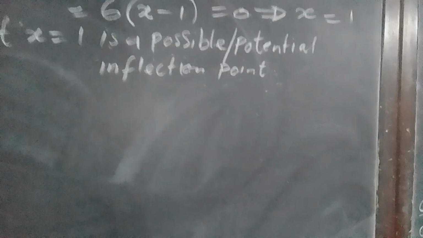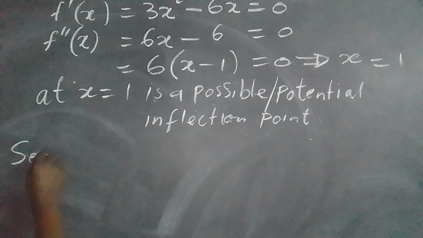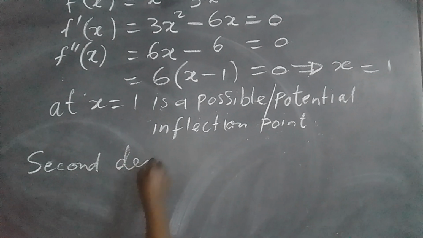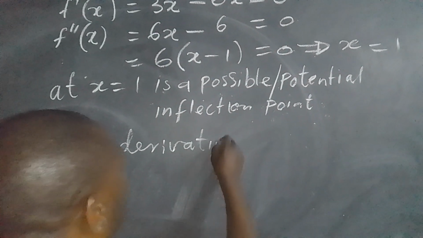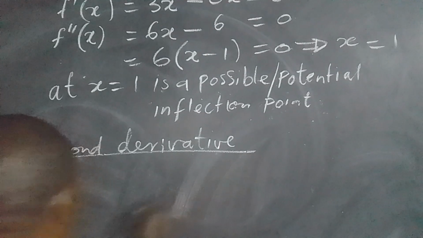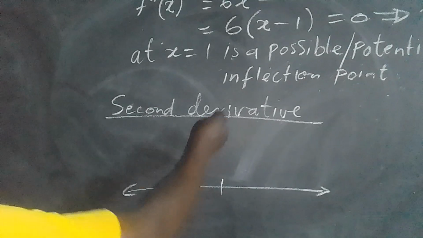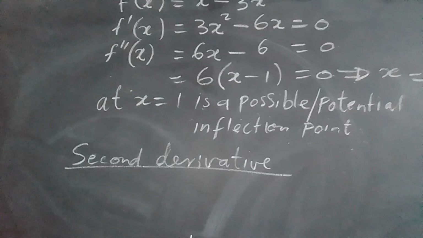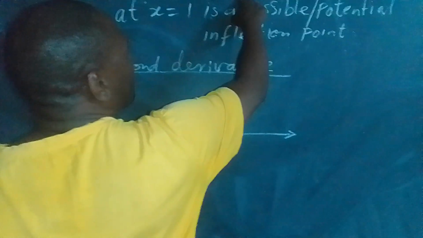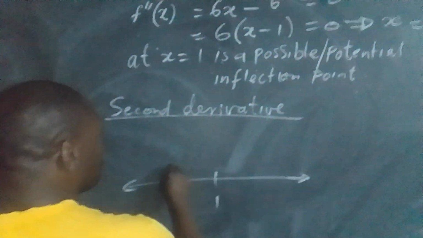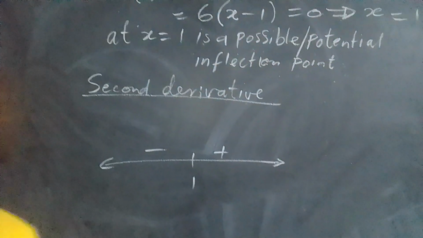Now, what does this mean? This means that if we take a sign test, a second derivative, we find that this is 1. You take any number just before 1, which is 0. You put a 0 here, you find that 0 minus 1, you get a negative. You put a 2 minus 1, you get a positive here.